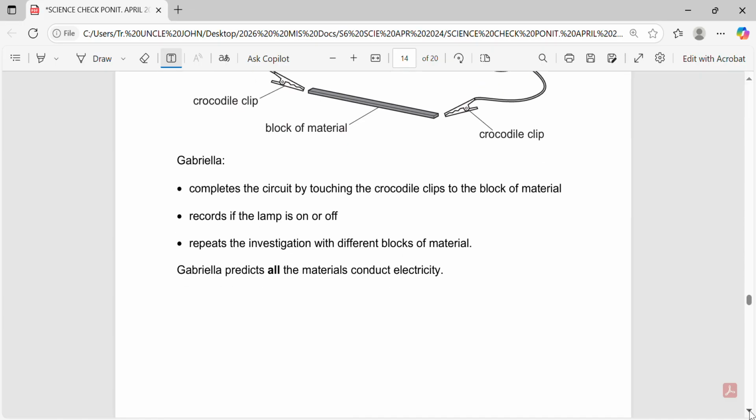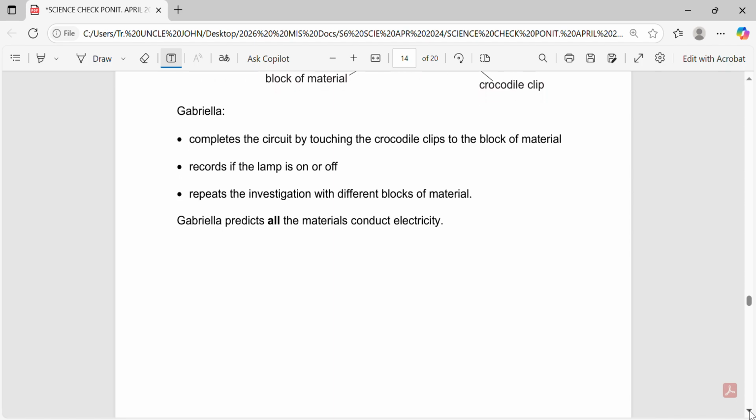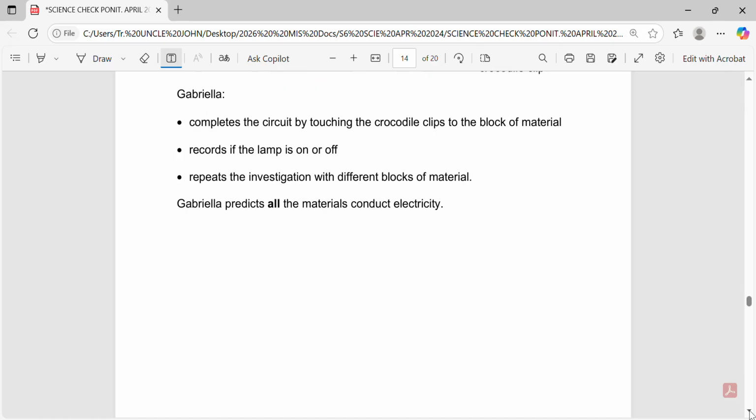Gabriela completes the circuit by touching the crocodile clips to the block of material. Gabriela records if the lamp is on or off. Gabriela repeats the investigation with different blocks of material. Gabriela predicts all the materials conduct electricity.